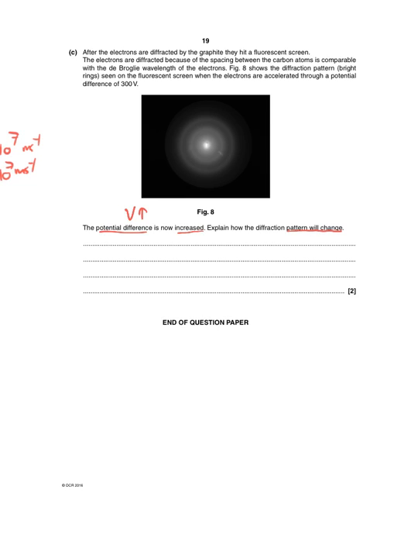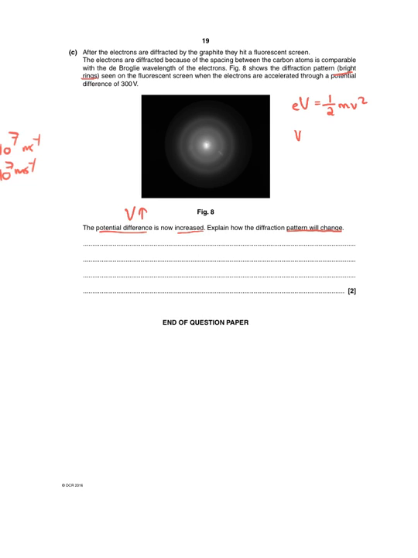So when we see a pattern, we see these really bright rings. He's calling it bright rings here, the diffraction pattern. How will that be different if I increase the potential difference? And that's 2 marks. Before I start answering this question, I want to remind you that we calculated the speed of electrons using this equation.